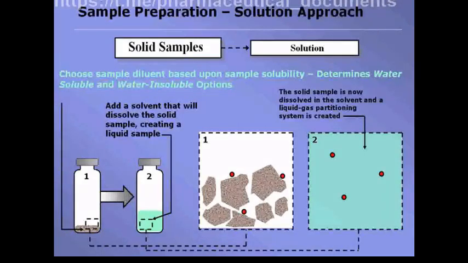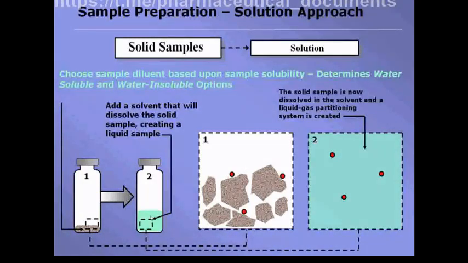So based on solubility of the article, whatever it may be, we then look at that solubility as defining the water-soluble versus water-insoluble option. And the main point here is, if we look at this technique, it's often called a solution approach, meaning we're going to take a solid sample and we will prepare a solution from that. So we are going to take our test article, our solid sample, as shown here with analytes inside.